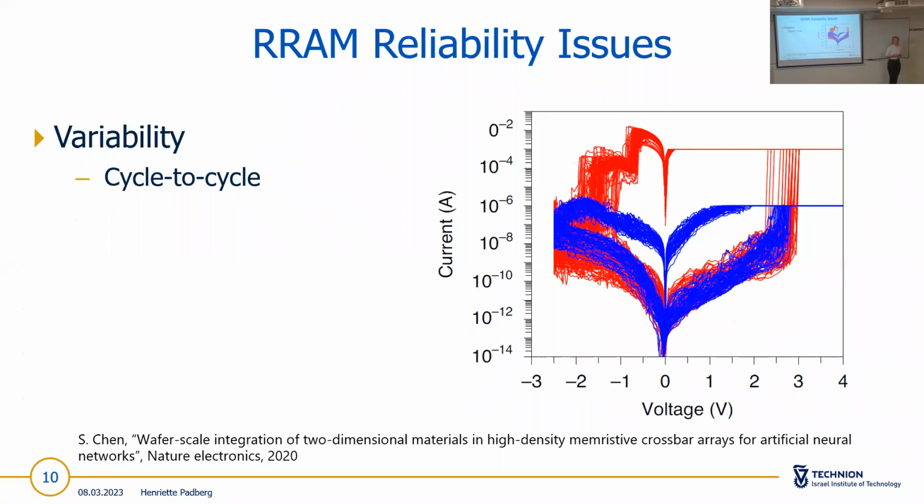Even though ReRAM devices have the potential of ultra-fast switching and also very power-efficient operation, they unfortunately suffer from several reliability issues. The first one is shown here, that's variability, and in particular cycle-to-cycle variability.